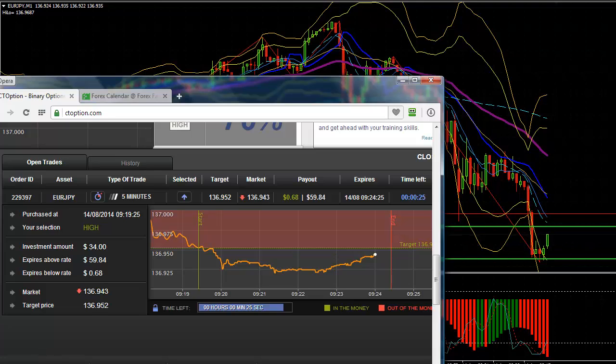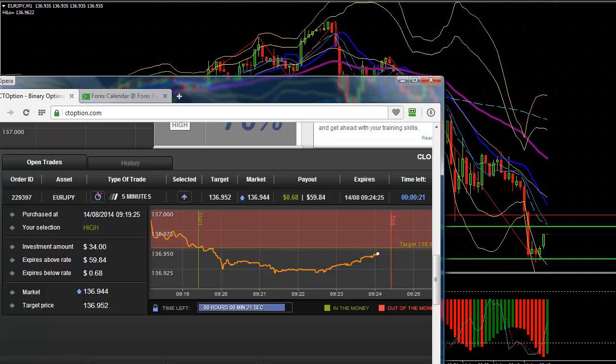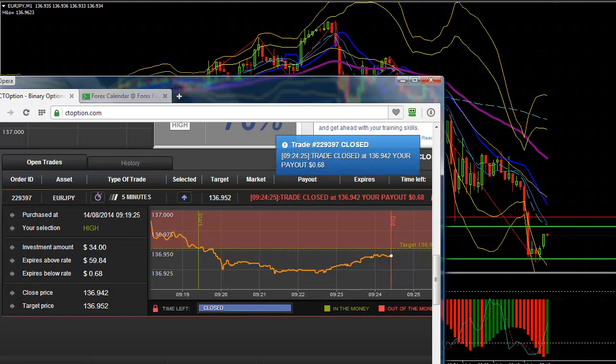Oh, it's pushing. Go, go, go. Alright, green candle. Boom. 14 seconds. Oh, it's gonna be close. It's gonna sit there. 4, 3, 2, 1. Bugger.